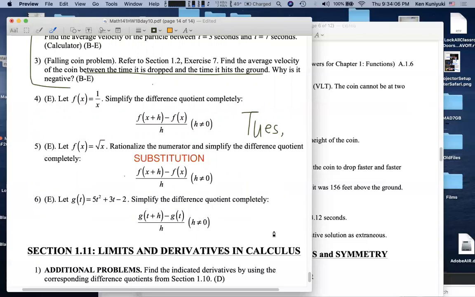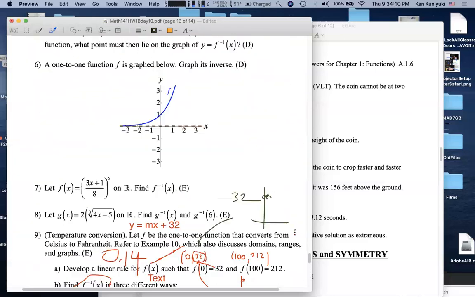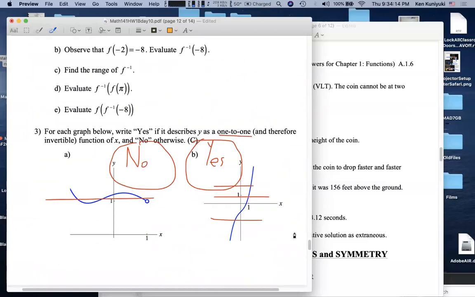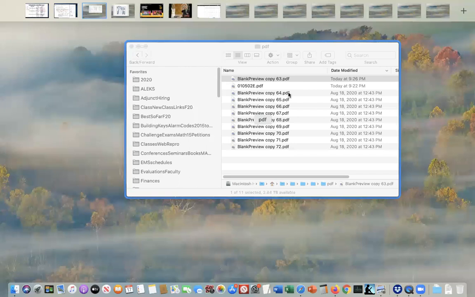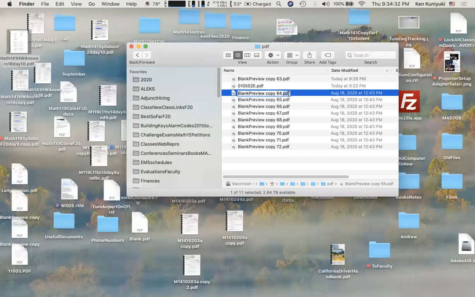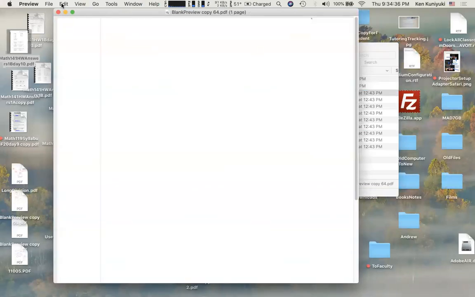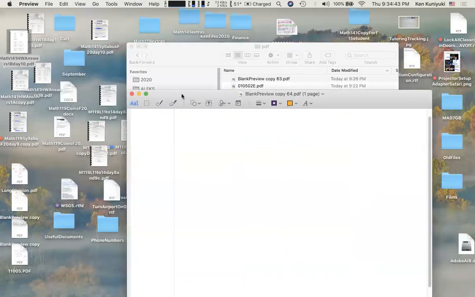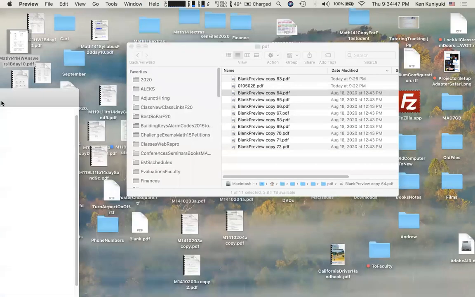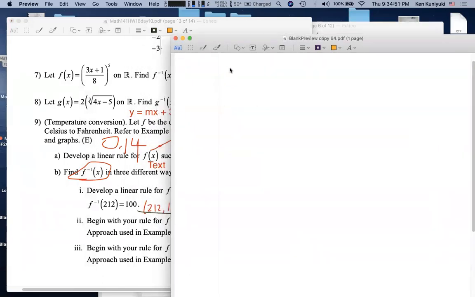Okay, 1.9 number 8. You're finding the inverse, right?